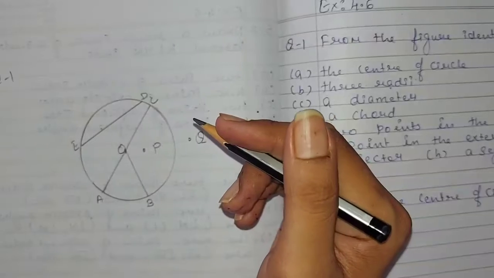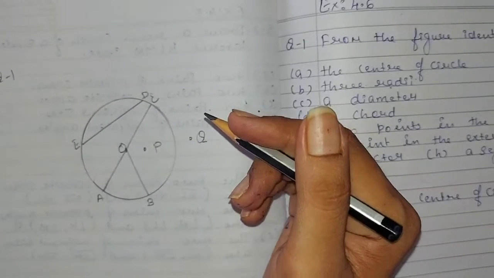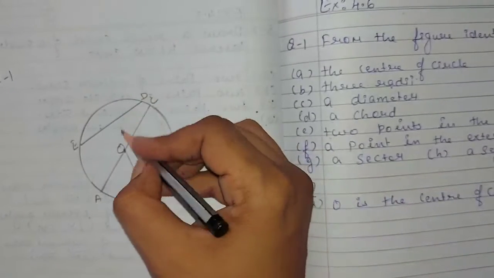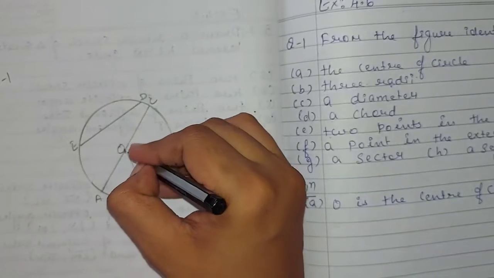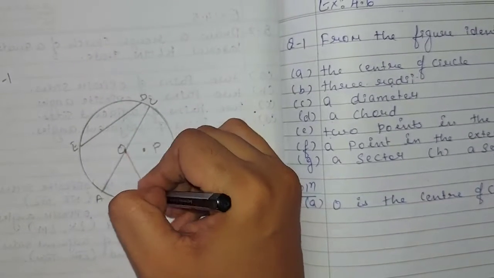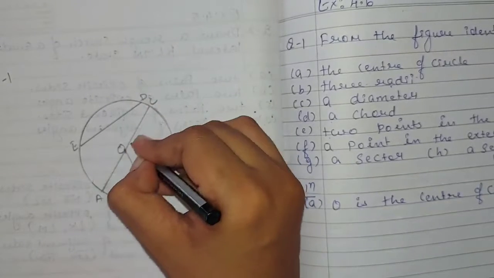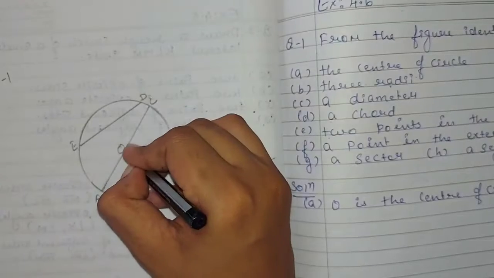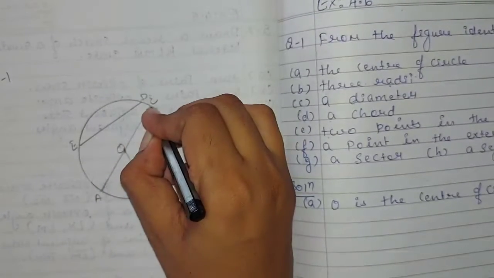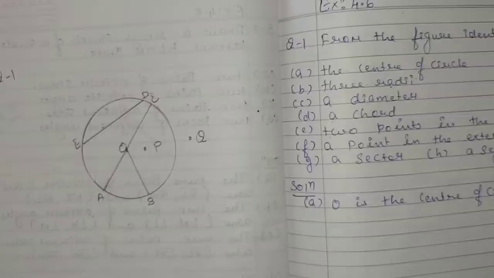So let us find the answer from the figure. One we have already found, that is OA. One more is OB, and this is OC. So these are the 3 radii, OA, OB and OC. Radii is a plural of radius.